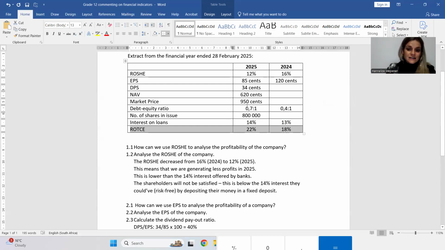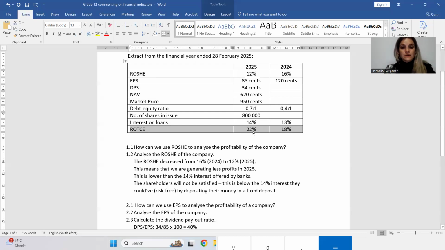However, this year, when I now increased my loan, I was able to also increase my return on total capital employed. So clearly, I have been able to use this loan to generate better profits. So yes, my debt equity ratio is a bit higher, but I can make good use of the money to then generate returns on my capital.